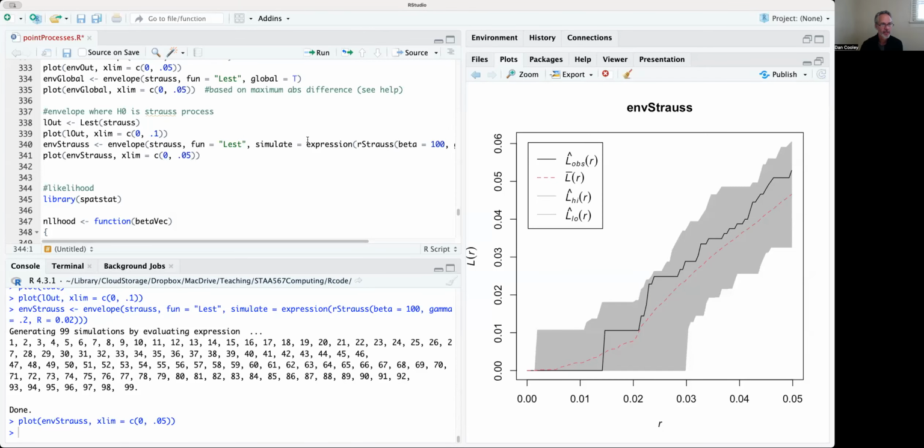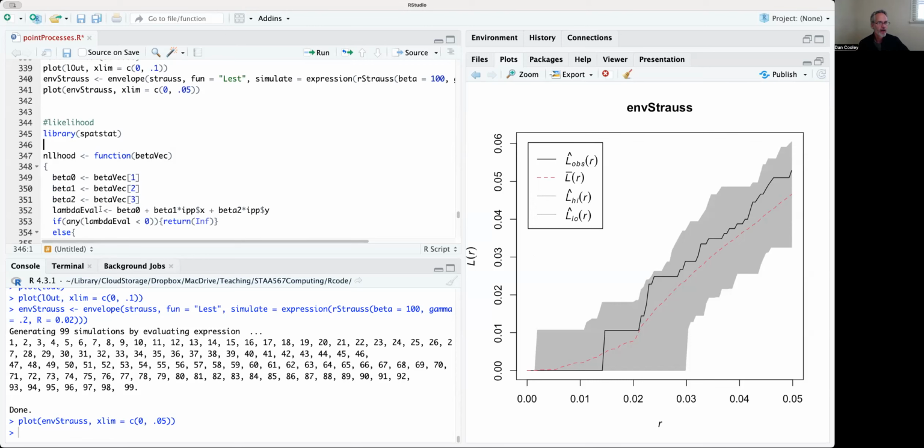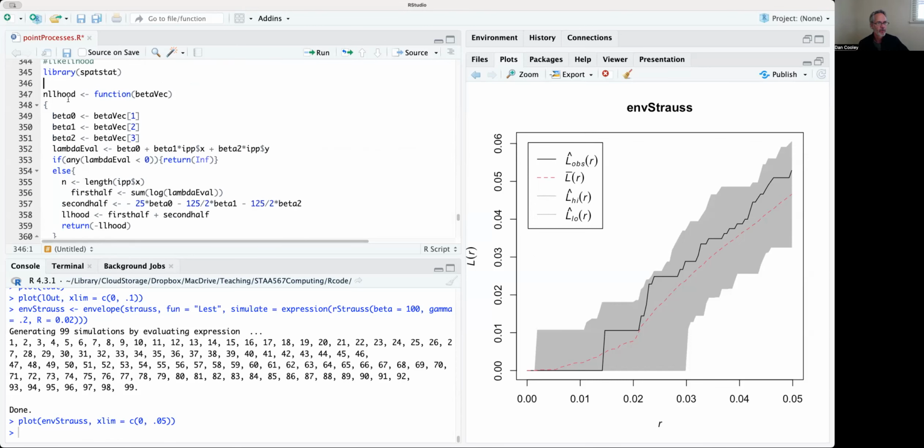Okay, so here we are picking up from where we were before. I am writing down my negative log likelihood, so it's going to take a vector of betas. So this is going to be beta naught, beta 1, and beta 2, as I show here.